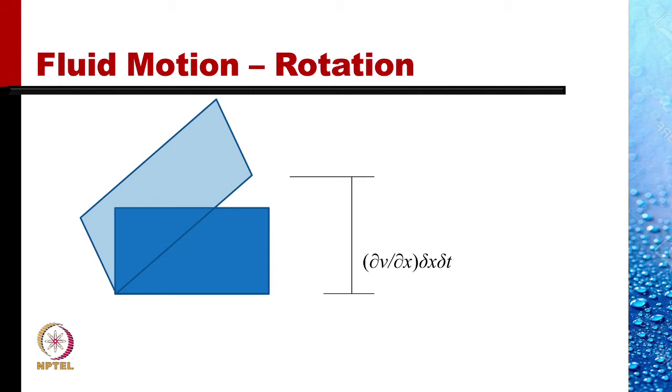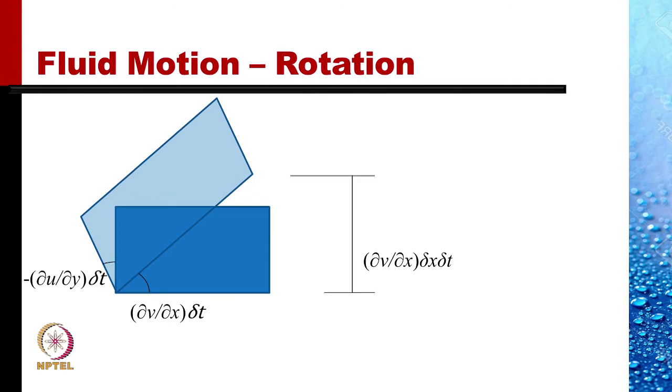So this height in time delta t would be delta v by delta x into delta x times delta t, and therefore the angle through which the horizontal line rotates is dv by dx into delta t in time delta t.